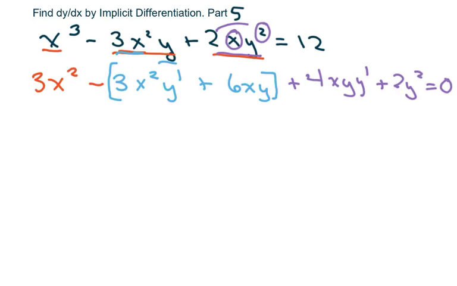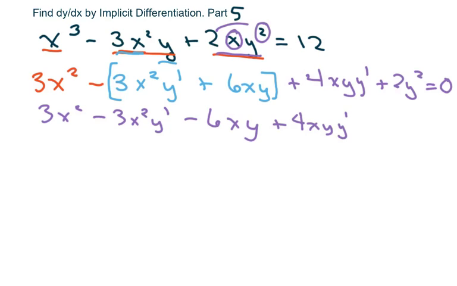Now I'm going to go ahead and distribute this negative, so you get 3x squared minus 3x squared y, the derivative of y, minus 6xy plus 4xy times the derivative of y plus 2y squared equals 0. Now I'm going to keep all the ones with the derivative of y on the left side.